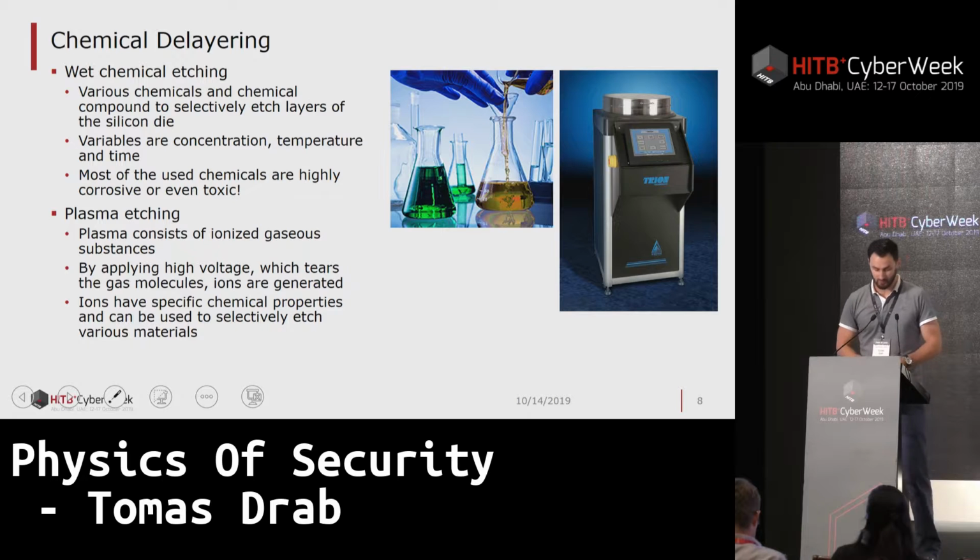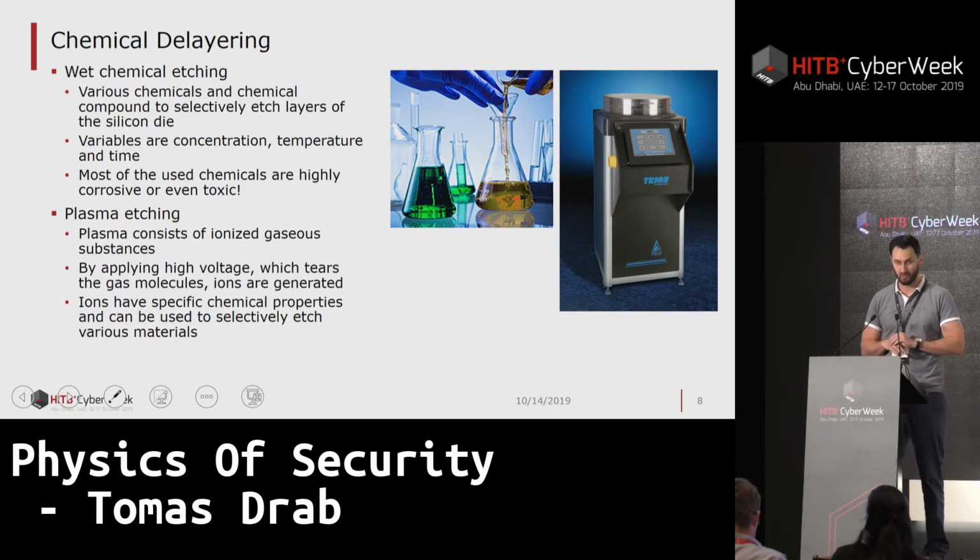Okay. Now we know about the surface of the chip, and we want to go deeper. We can etch away the layers, using either wet chemicals or dry chemicals. Wet chemicals are usually the most dangerous chemicals on the planet.